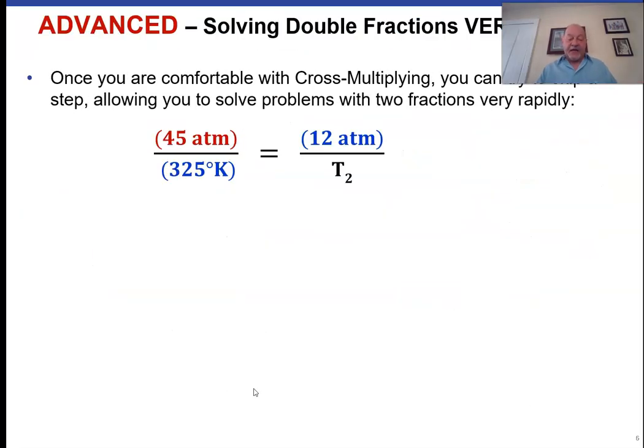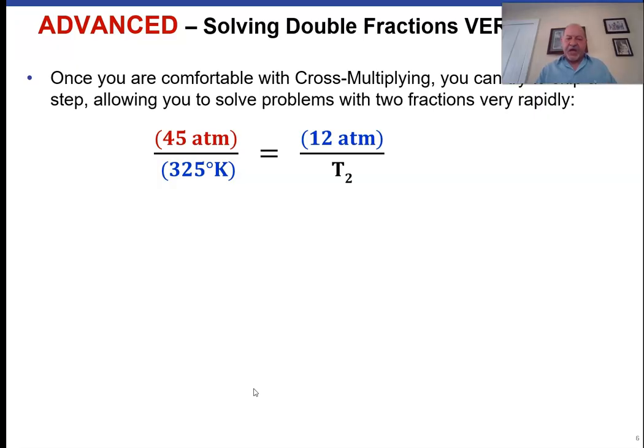And then finally, kind of an advanced use, once you're used to using cross multiplying and you've done it over and over again, and you always know that it's the numerator 1 times denominator 2 equals numerator 2 times denominator 1, after a while you'll see a pattern here.